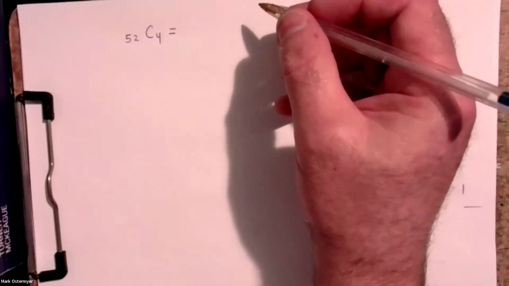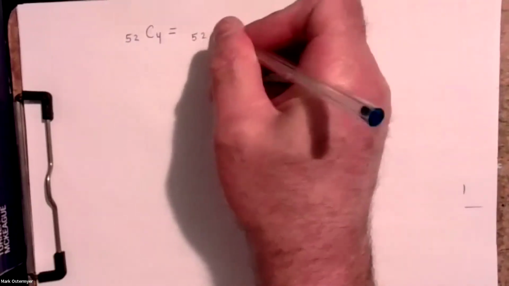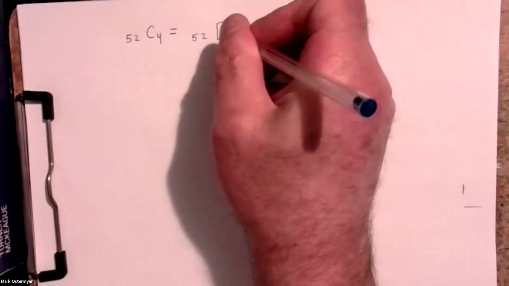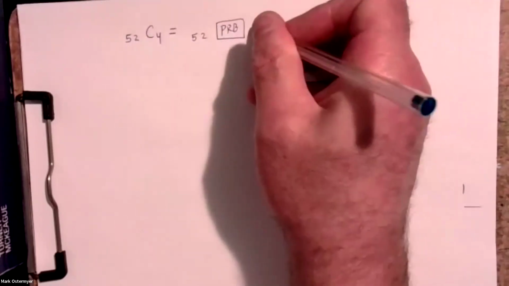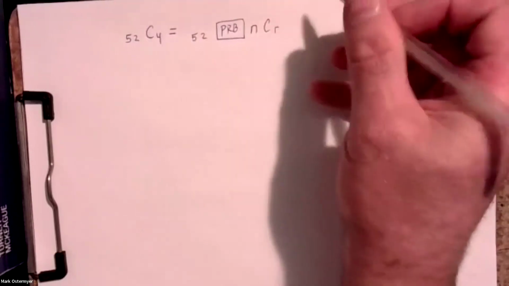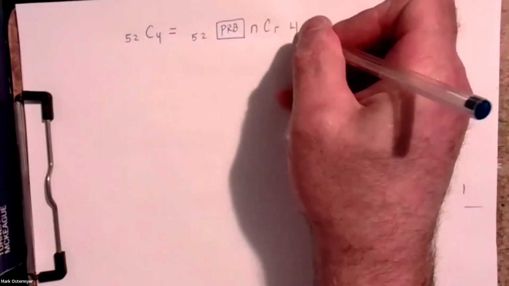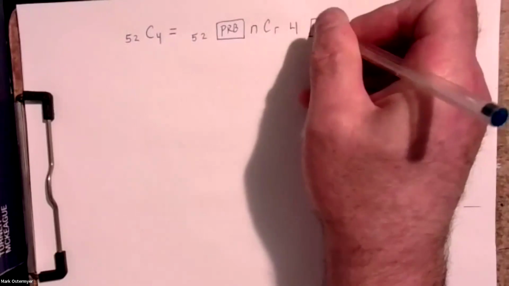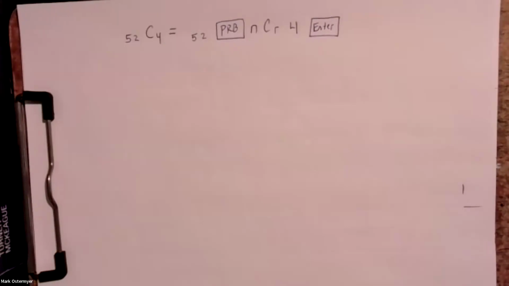If you get on your calculator and dial this up, 52, hit your probability button, PRB, select the NCR function, and then type in 4, and then enter. How many different ways can we select those 4 aces from this deck of cards if order does not matter?